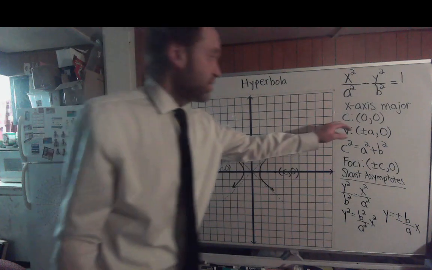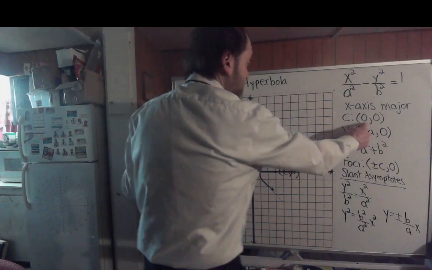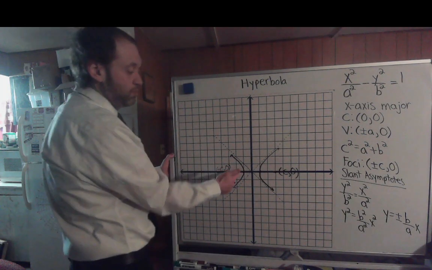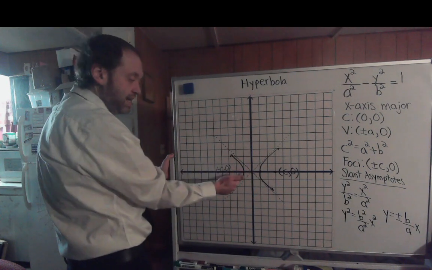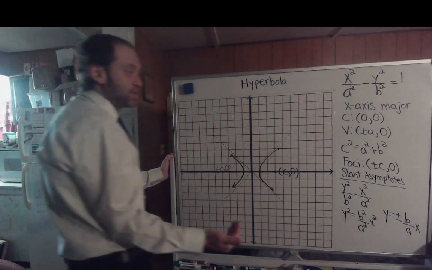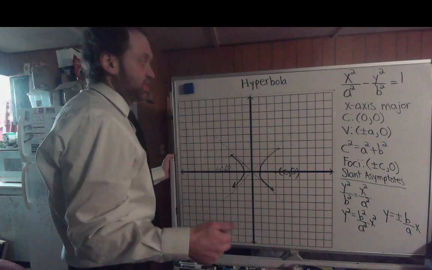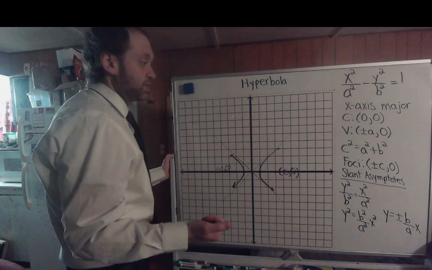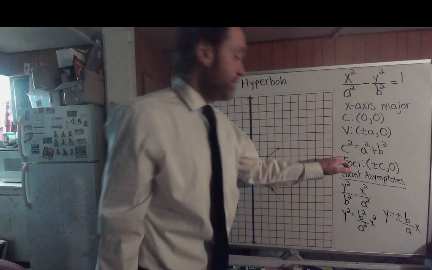You'll still have your center at 0, 0, but your vertices will be at plus and minus a, 0. So you'll take your center and add plus and minus a to get the coordinates of your vertices. Now, we don't worry about any co-vertices for hyperbolas. However, we still have foci.